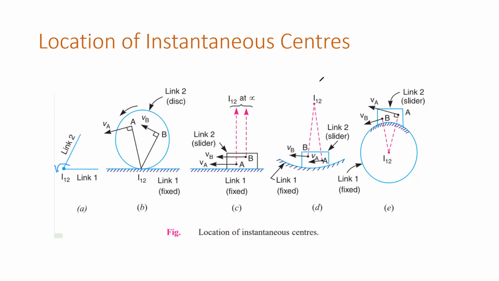Now consider a car moving on a road. Which type of motion is there in the car? Is it linear motion or rotational motion?